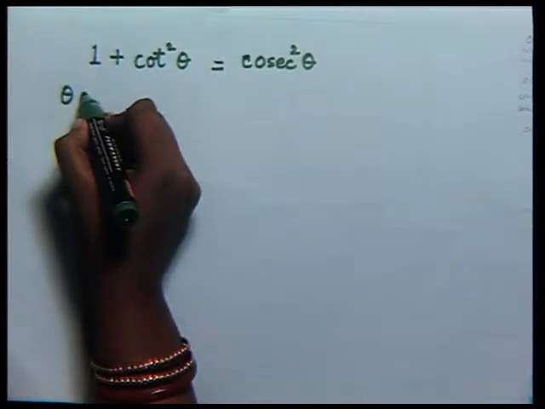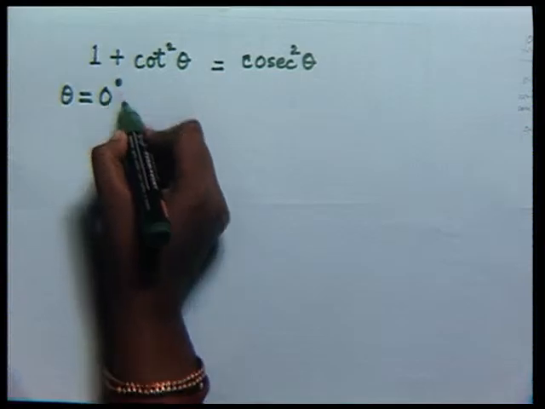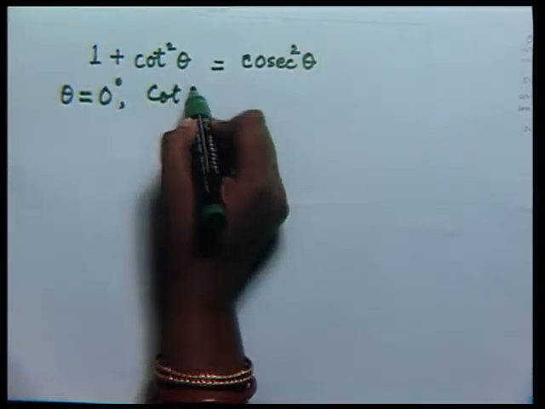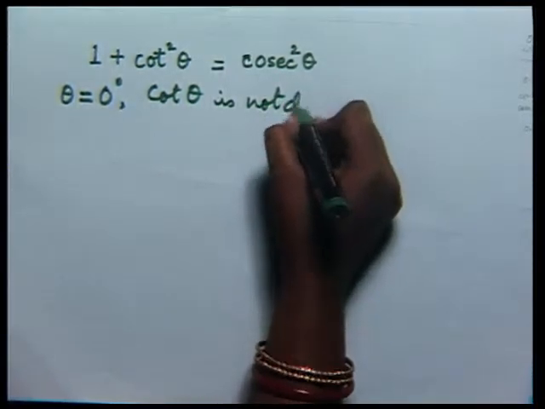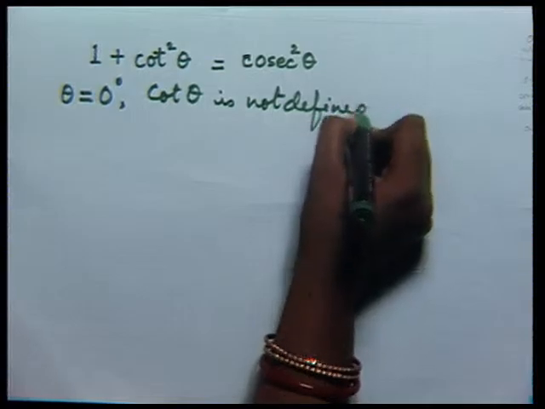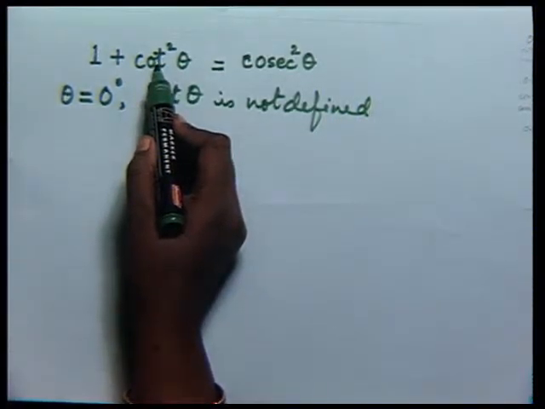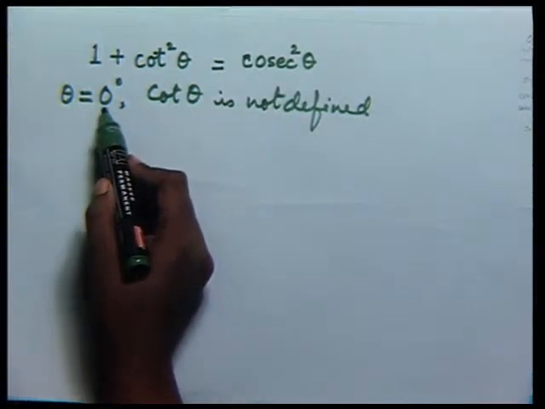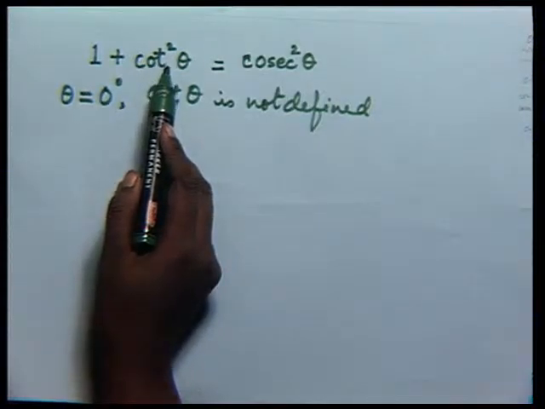So, first of all, see, for theta equal to 0. When we put theta equal to 0, we find that cot theta is not defined. Can you tell why? Because cot theta is cos theta upon sin theta, and sin 0 is 0, cos 0 is 1.